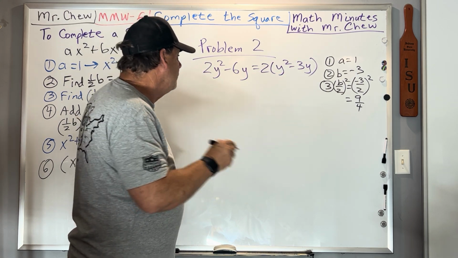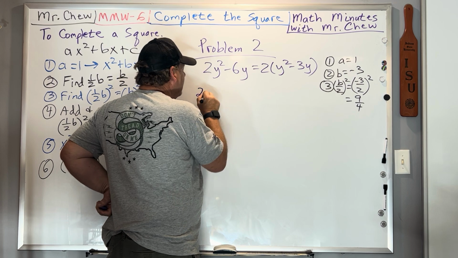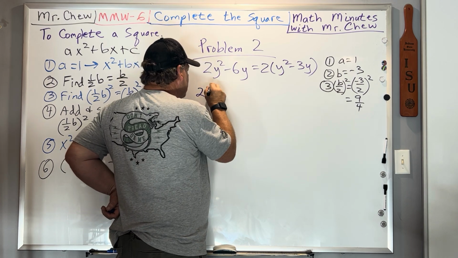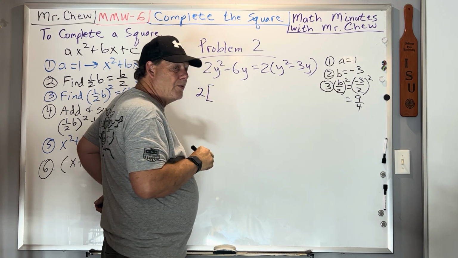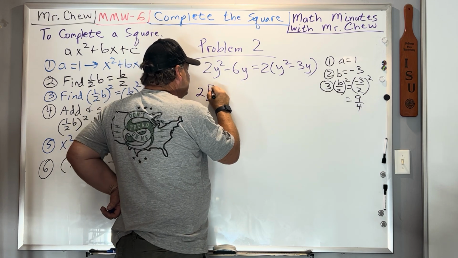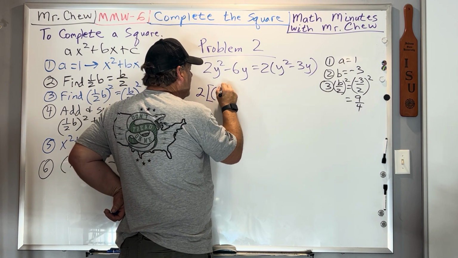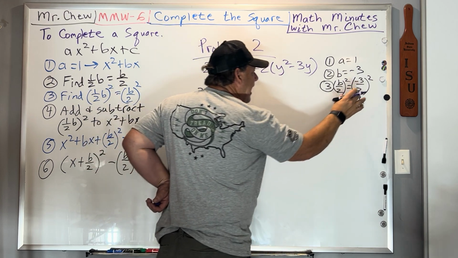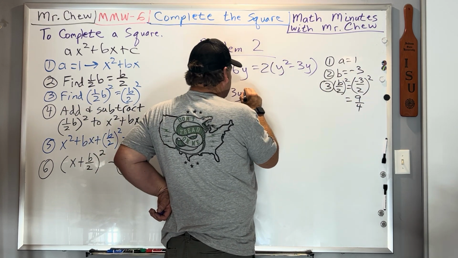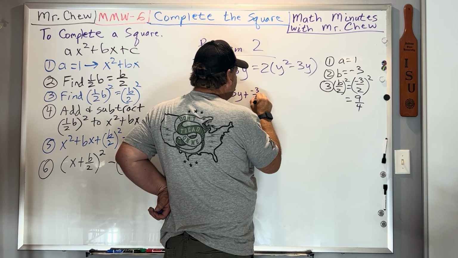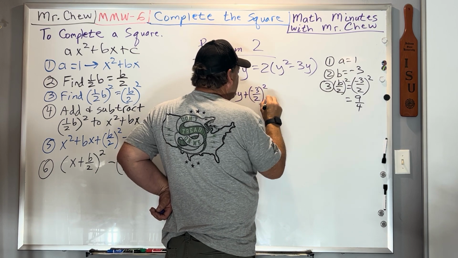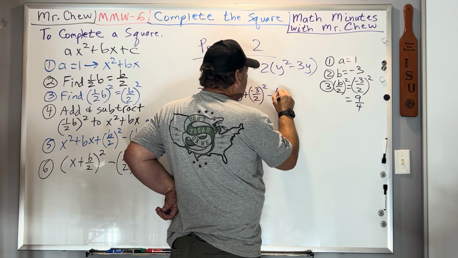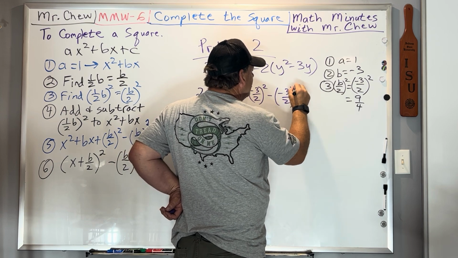Okay, so I'm going to rewrite this now. I'm going to write 2, and I'm going to put this little brace here, because inside of here I'm going to have y squared minus 3y, and now I'm going to add -3/2 squared, and I'm going to subtract -3/2 squared.